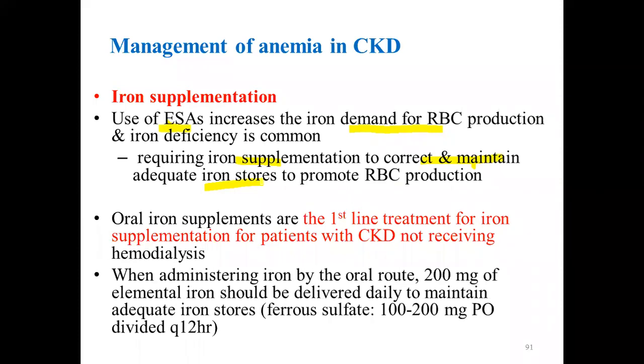Okay, good. So oral iron supplement is the first line treatment for iron supplementation for a patient who is not receiving hemodialysis. So if a patient is not receiving any dialysis, you need to give oral supplementation of iron, and ferrous sulfate is the most widely available drug that can be considered for replacement. A divided dose of 100 to 200 milligram pure iron is usually recommended.